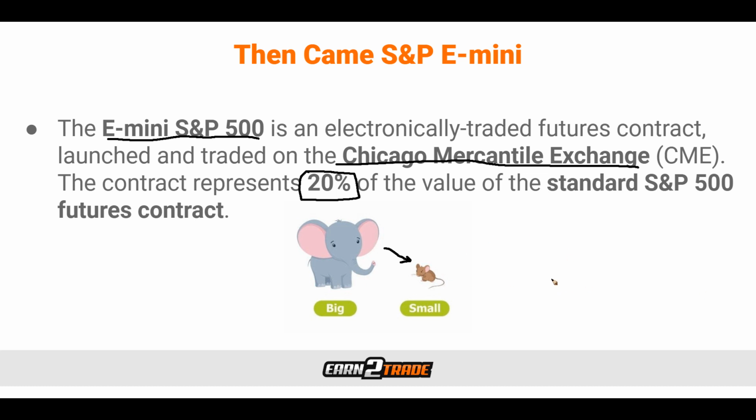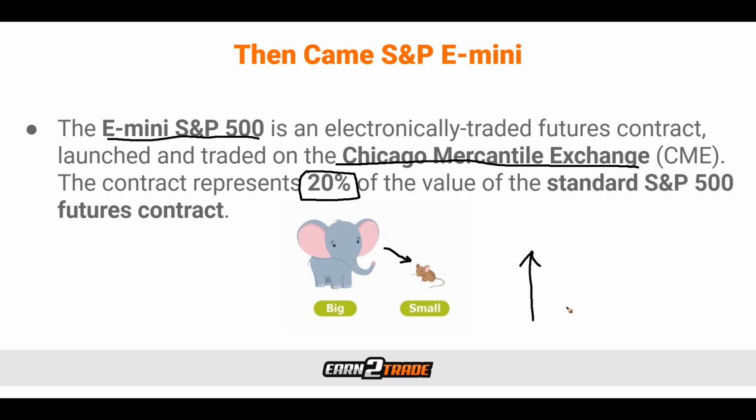The E-mini was introduced in 1997 with the main reason of lowering the barrier to trading at a time when the value to cost ratio of the existing S&P 500 contract had started to rise exponentially.